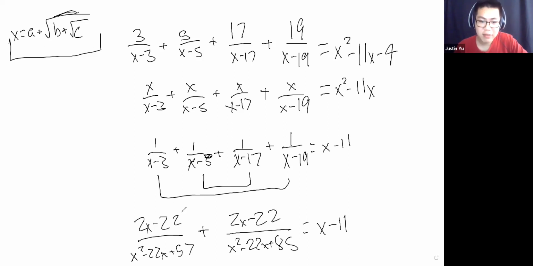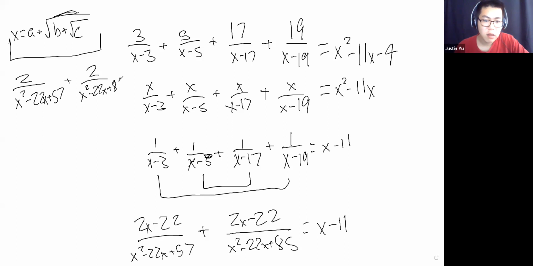So yeah, we're going to get rid of the x minus 11s on both sides and look at what we are left with. So now we have this. And from here, I'm going to actually erase all this work over here because I need the space.